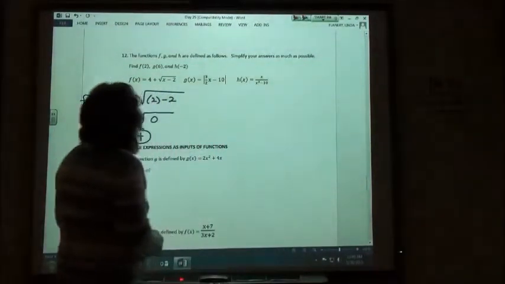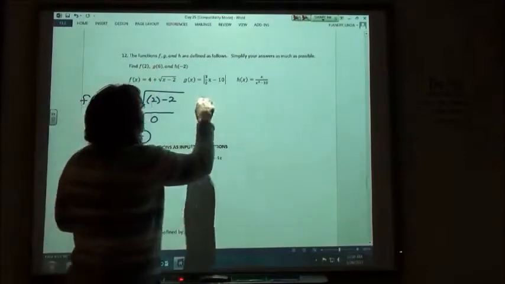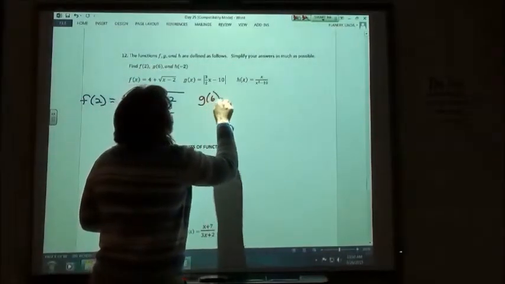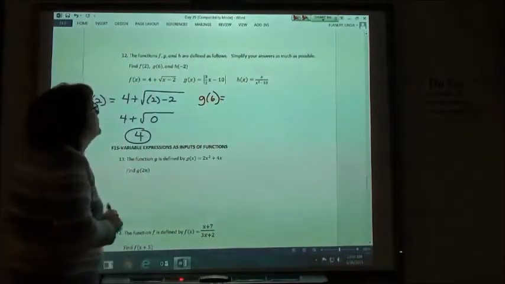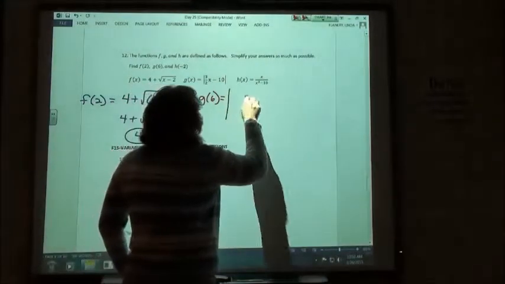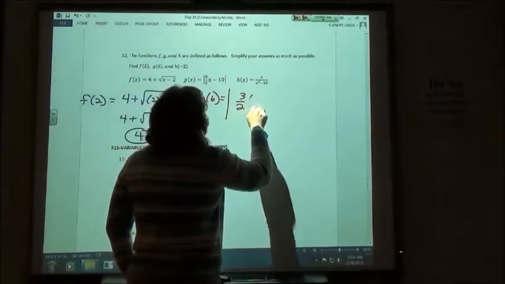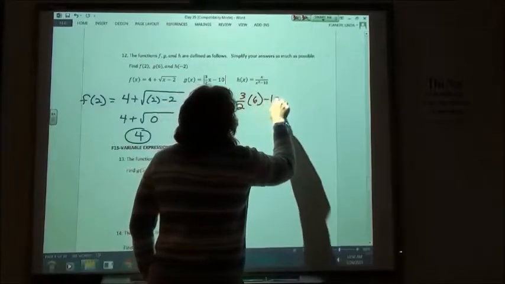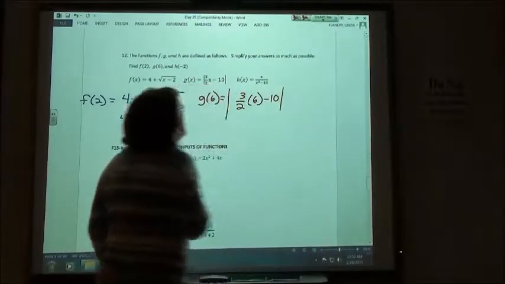All right, so now we've got to do g of 6. g of 6 equals the absolute value of 2 times 6 minus 10.